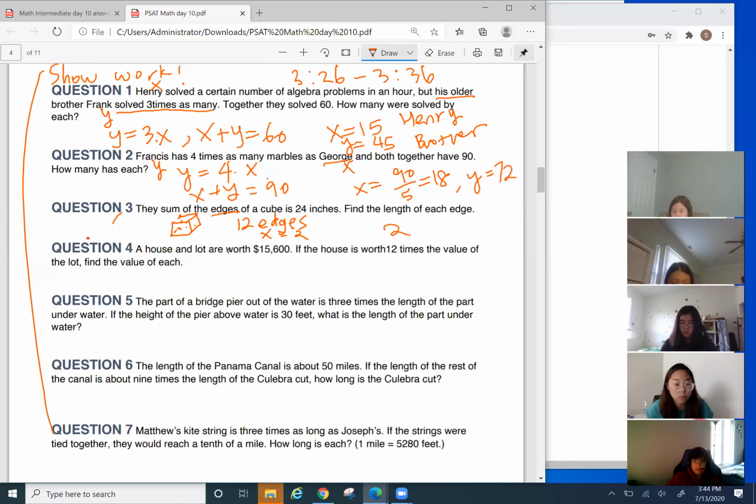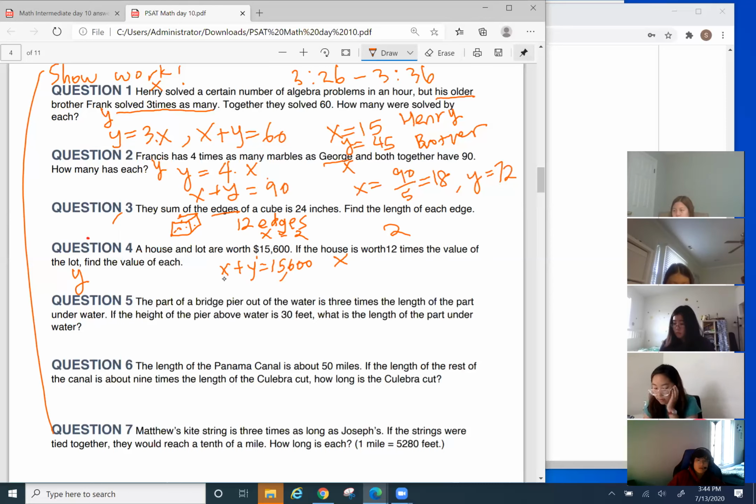Question 4. I put house as X and lot as Y. So the first part is a house and a lot are worth 15,600. So X plus Y equals 15,600.